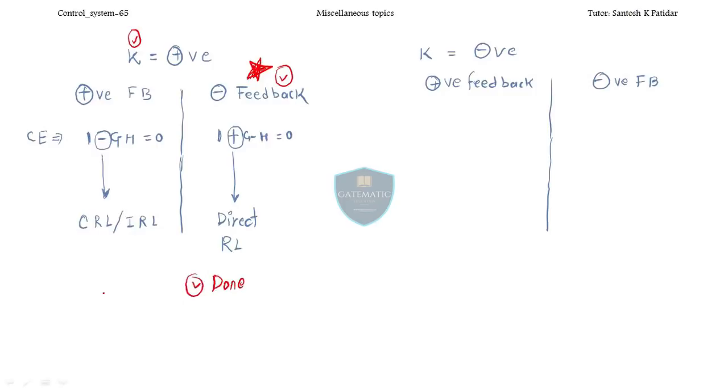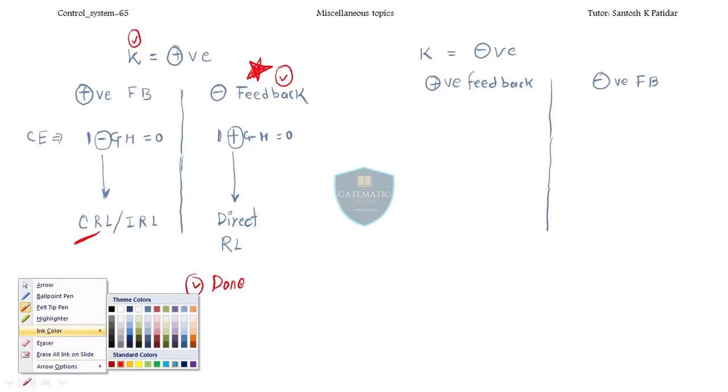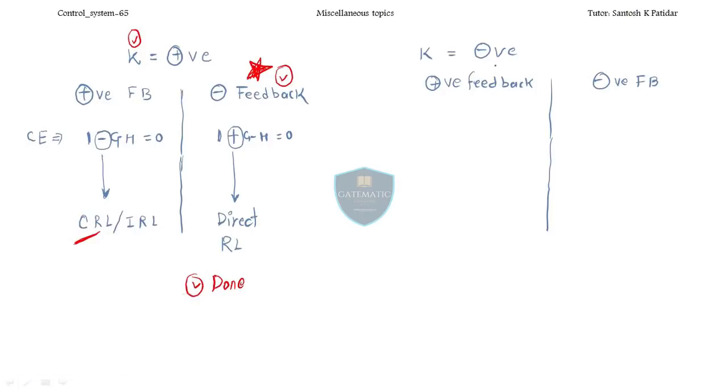Now if the K values are positive and you deal with positive feedback, you will deal with the complementary root locus. Now let me show you. If the K value is negative and you have positive feedback, it's 1 minus GH equal to 0, isn't it?